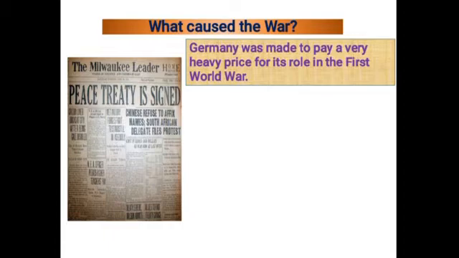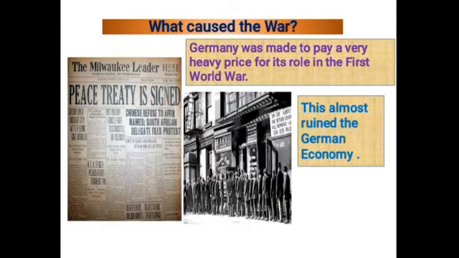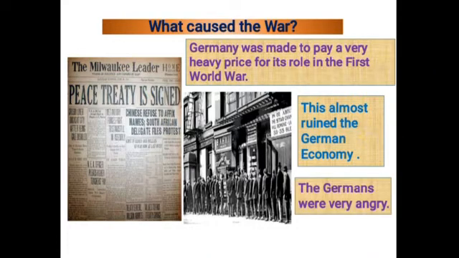This treaty almost ruined the German economy, and this made Germans very angry, and they elected Adolf Hitler as the Chancellor, who assured them to restore their lost glory, and this treaty led to the Second World War.